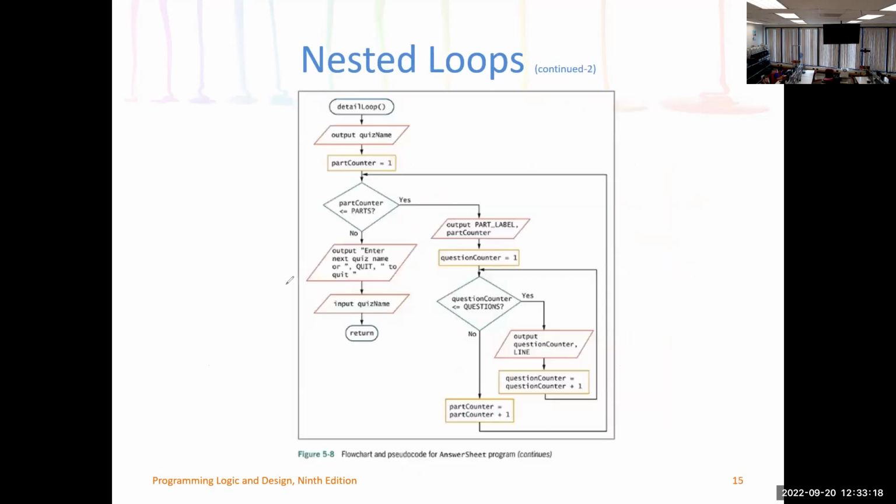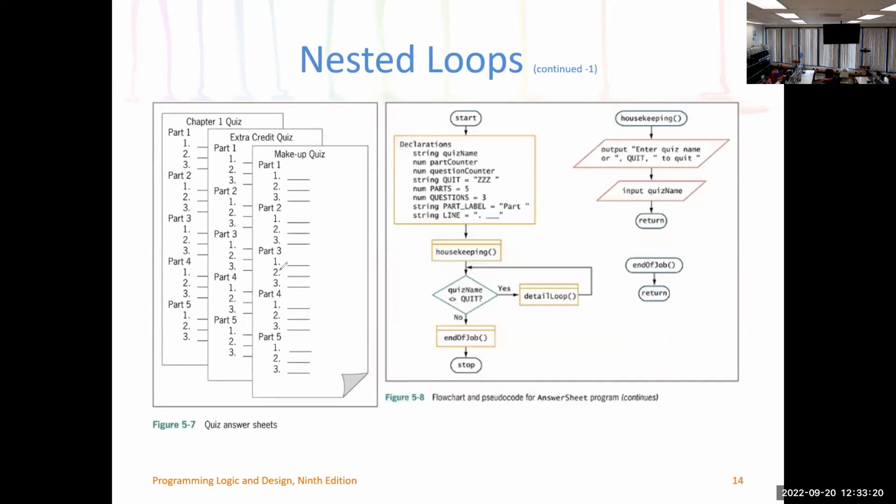We can go back to this one here, in order to print out. You have to print out everything from 1 to 3. 1 to 3 is the inner loop, and you increase the iteration for the outer loop by only 1. You have to do every iteration of the inner loop first. So when you are done, you move to the next iteration of the outer loop.